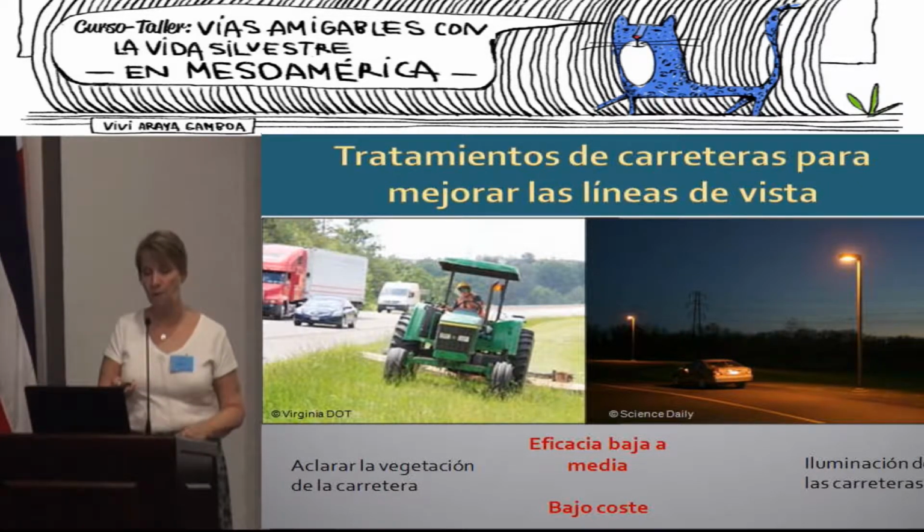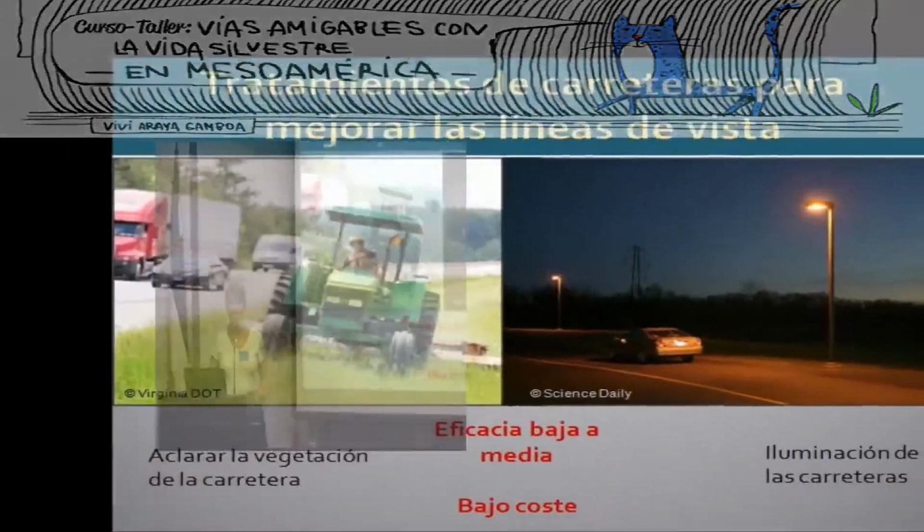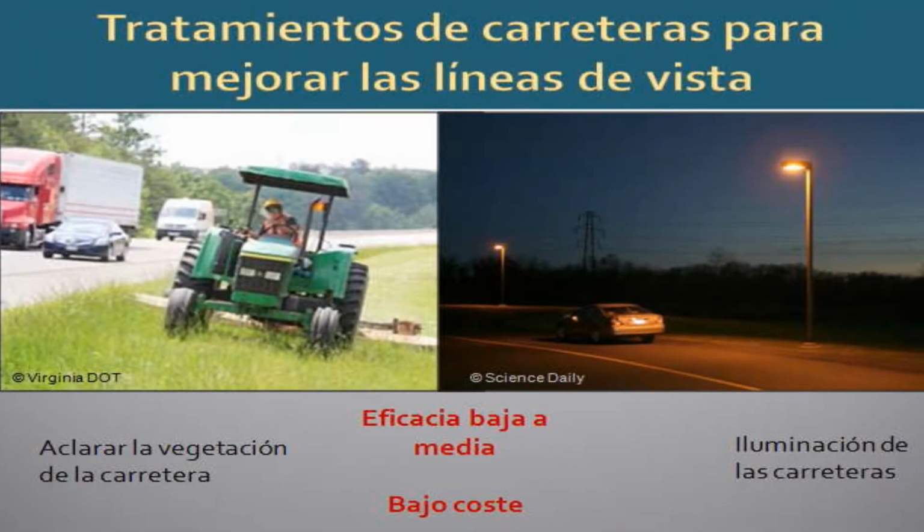But that's also an area where not only is future research needed, but if you have a clearing along a road, you have now increased the barrier effect for those species which require cover. So consider that.